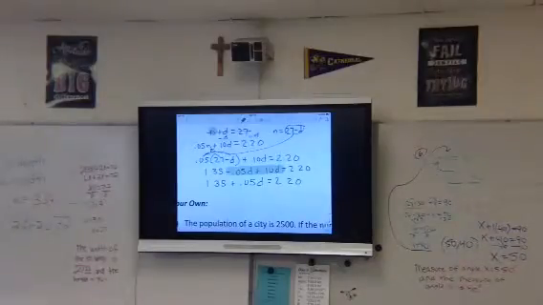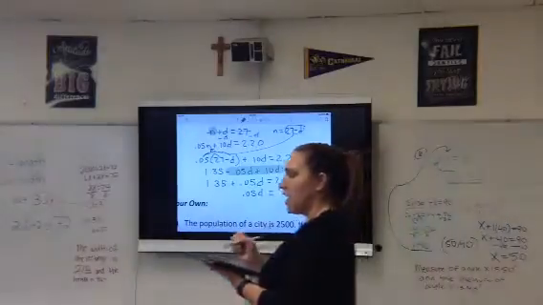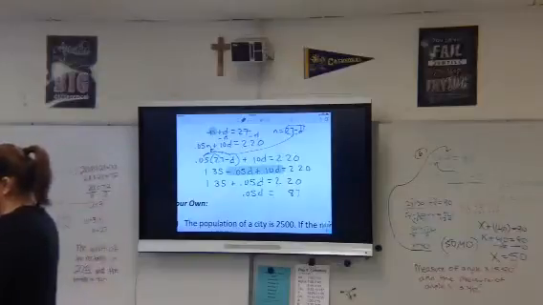Now what are you going to do? Subtract $1.35. What do we get when we subtract $1.35? So 2.20 minus $1.35. You all have calculators. There's no reason we don't have it done already. 85 cents.